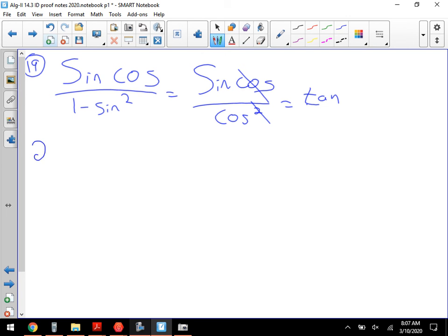All right, take that information and see if you can figure out 20 then. Take that same perspective and see what you get with 20. You should start to notice they're kind of the same a lot of times.